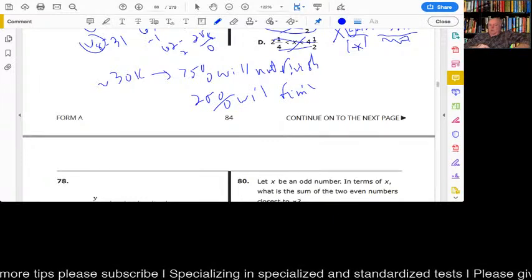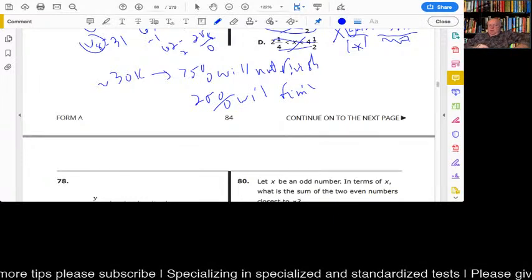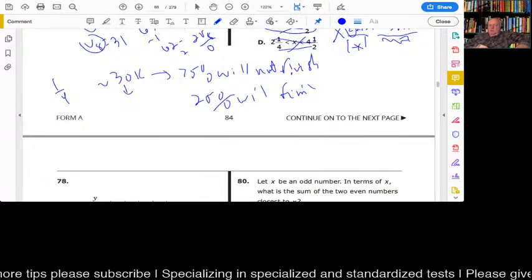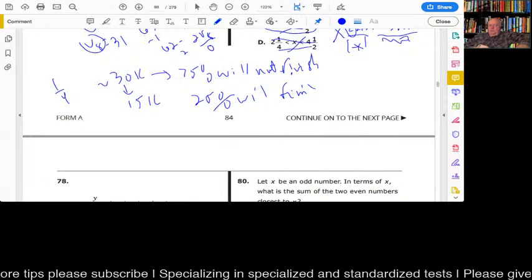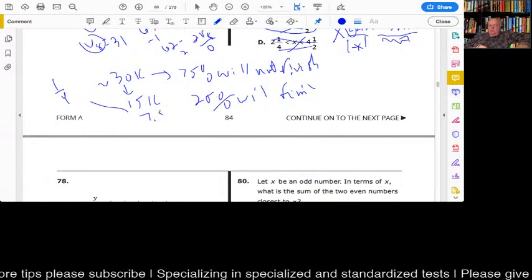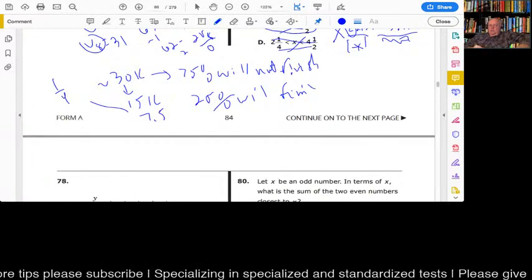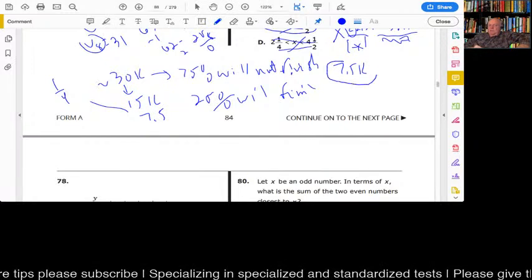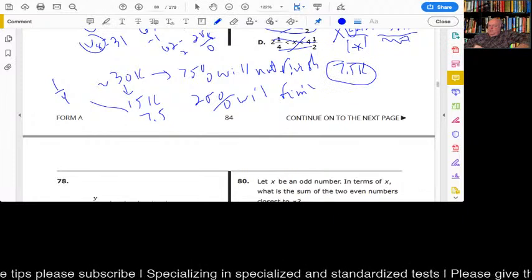Okay, so 25%, you guys know how to take a quarter fast? You'll half this, so you're going to get 15K, and then you'll half it a second time, so 7.5K. So there's only about 7,000 kids who actually finish it, okay?